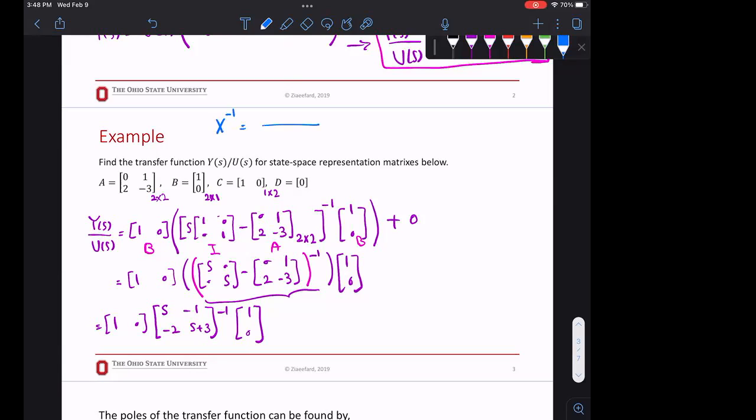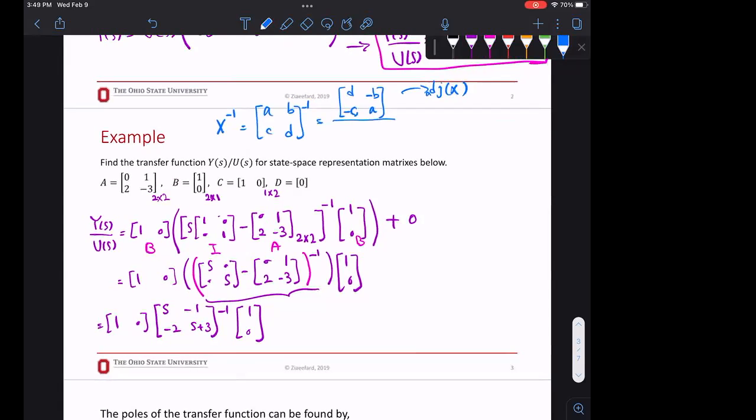The flip-flop part is the adjugate. For the matrix A, B, C, D, the inverse is going to have D, A on the diagonal and negative B, negative C. That's the flip-flop, called the adjugate of X, over the determinant of X.